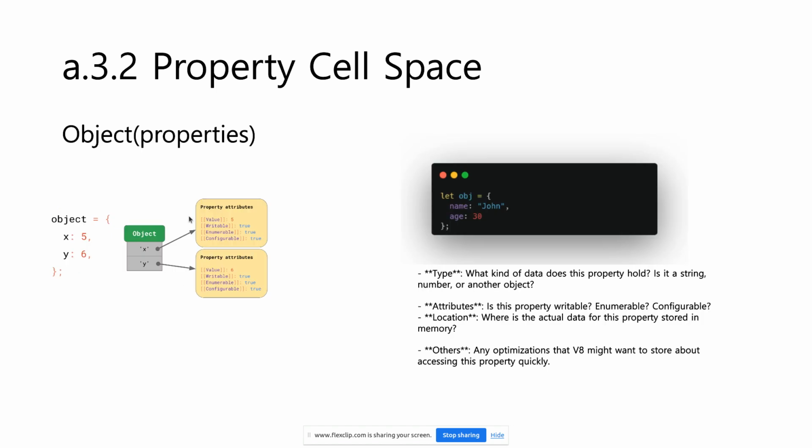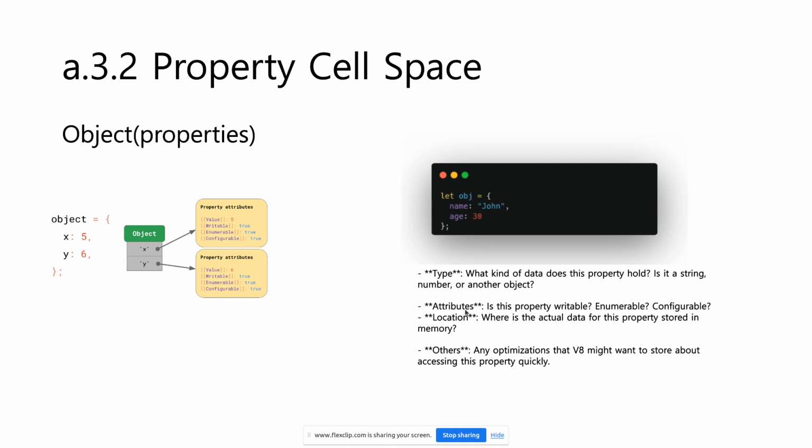So this is a JavaScript object property, and it has attributes, and this is the property key and its value. There's the type, meaning what kind of data the property is holding. There's the value: John is the key, and John is a string, or it could be a number or something else. Attributes say whether it is writable or configurable.